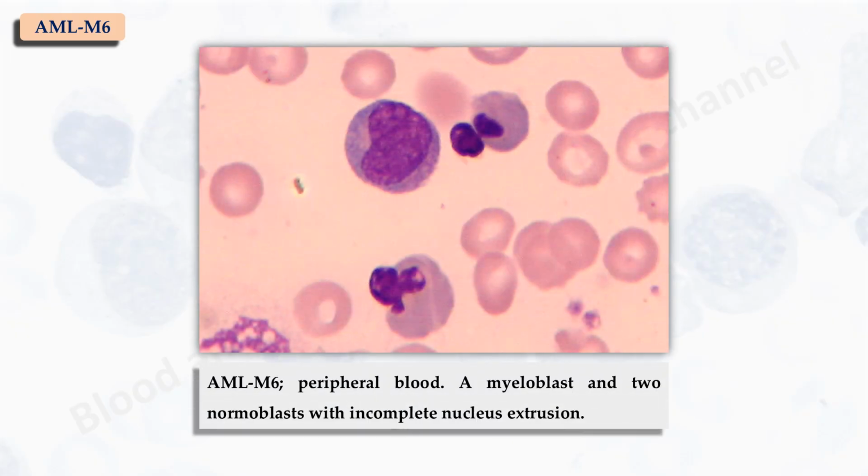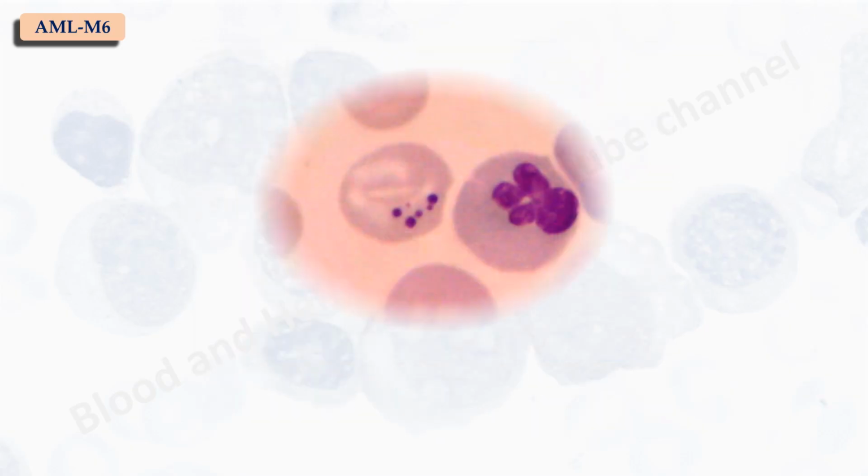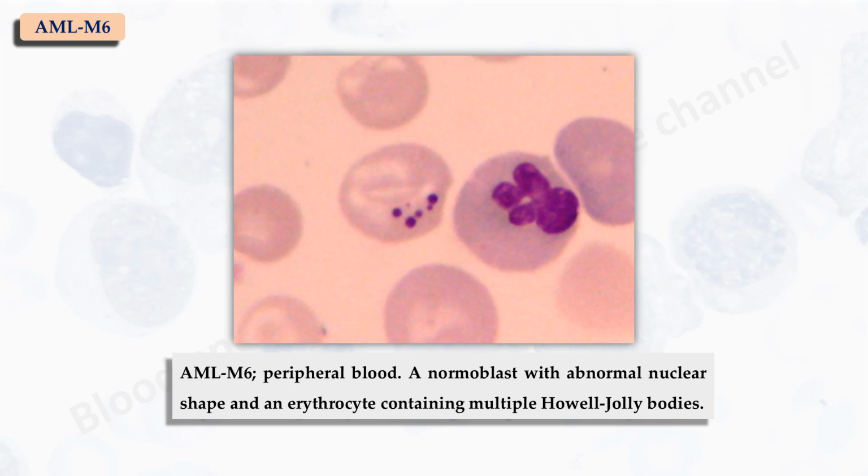Peripheral blood film of a patient with AML-M6, showing a myeloblast and two normoblasts with incomplete nucleus extrusion. Peripheral blood film of a patient with AML-M6, showing a normoblast with abnormal nuclear shape and an erythrocyte containing multiple Howell-Jolly bodies.